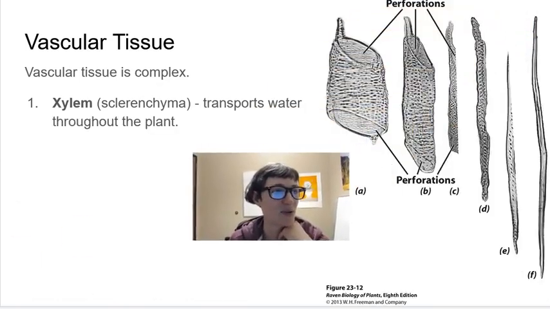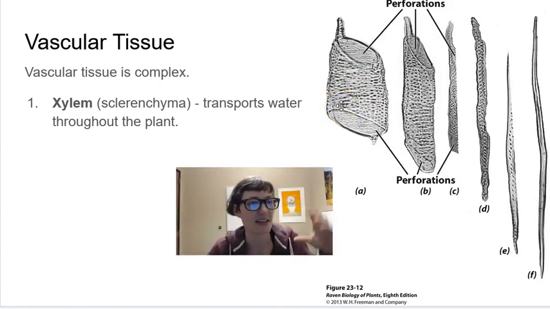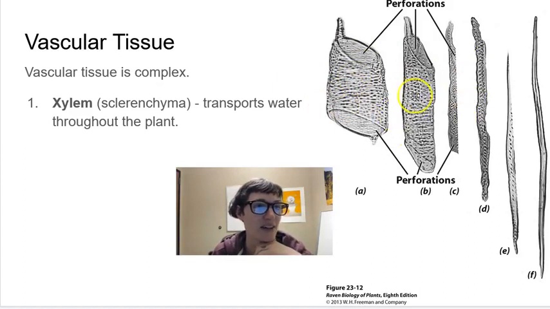So here's an example of the sort of variation between vessel element sizes. Here we have one that is really short and wide, but all three of these are vessel elements, right? They can be extremely narrow, and here we have tracheids, which are just as narrow as those ones.